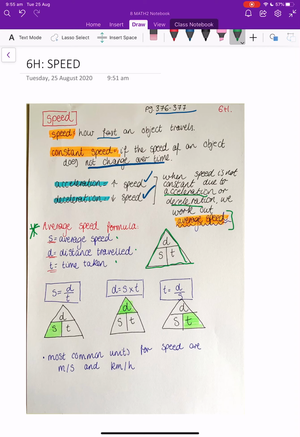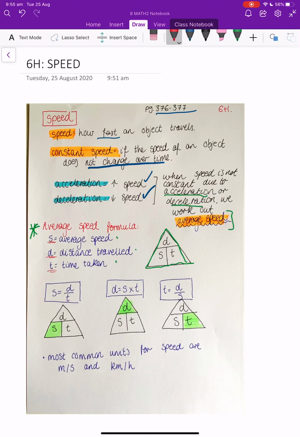Now, we have a type of problem, and you will need to work out the average speed or the distance traveled or the time taken. So you need to pay attention. What is the question asking you? Is it asking you for average speed, distance traveled, or time taken? Once you work out what the problem is telling you, it'll often give you the other two pieces of information.